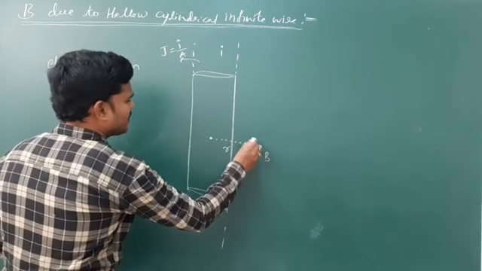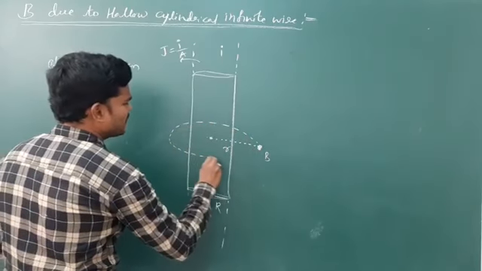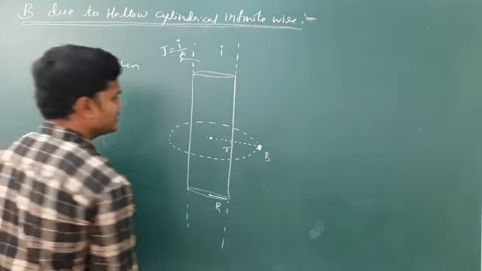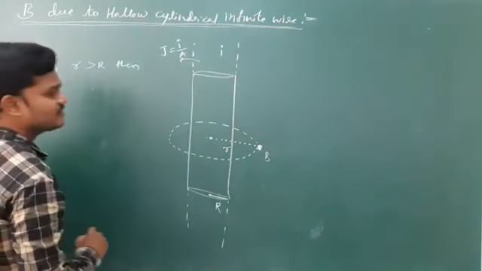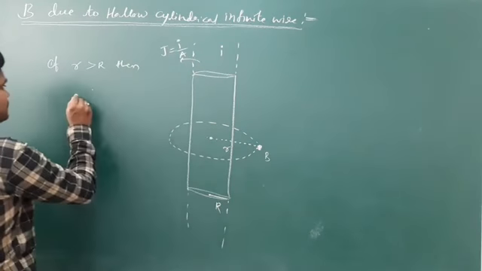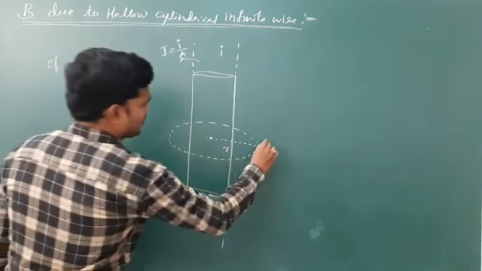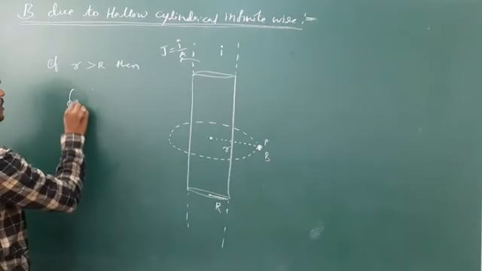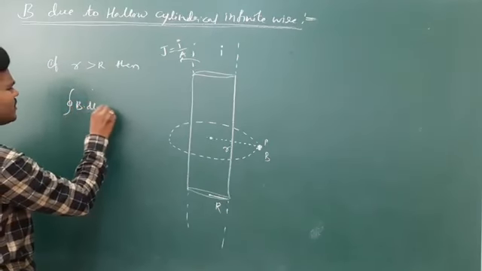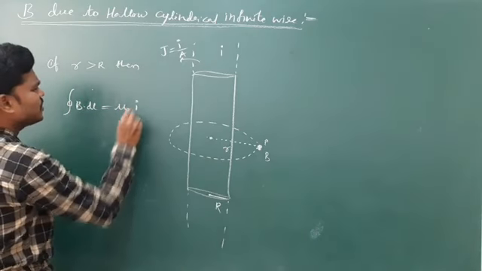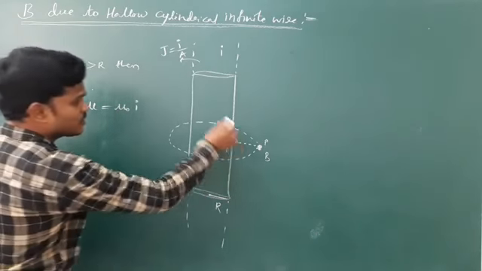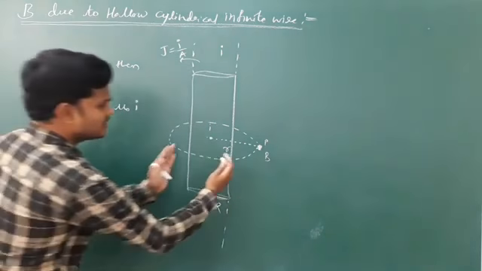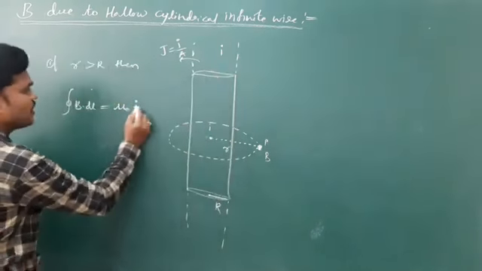So imagine an Amperian loop. See, this is the Amperian loop whose radius is r. If r is greater than R, then B at this point we can write from Ampere circuital law: the closed integral of B dot dl is equal to mu naught I enclosed. The current enclosed by this loop is only I, since current is only in this region.